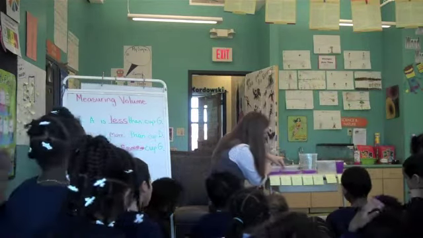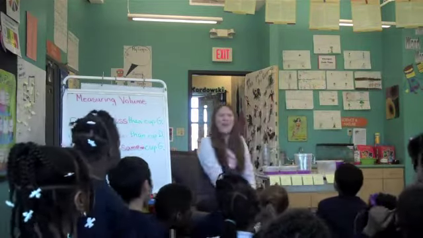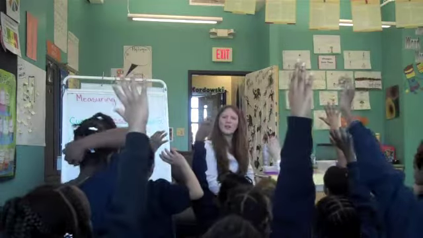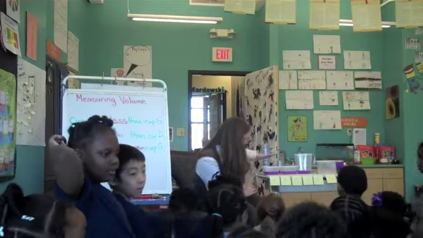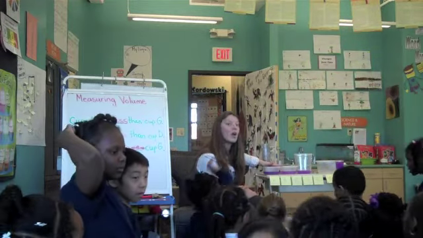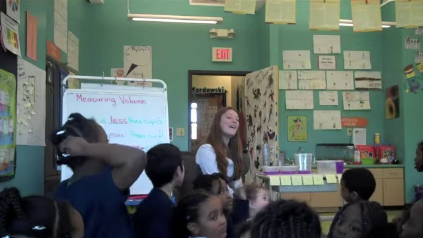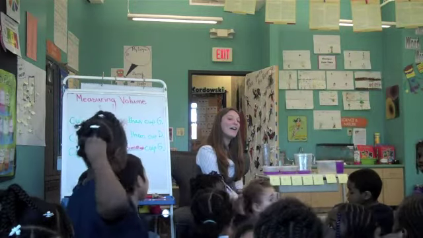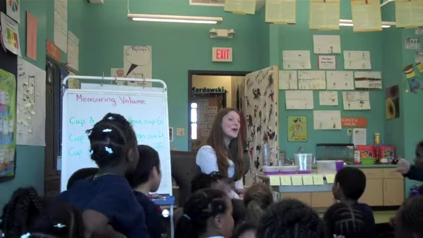it doesn't look the same. Why doesn't it look the same? Summer. Because those two containers are wide and that container is tall. So that's why it's shaping a different way, but it actually has the same amount of medicine.